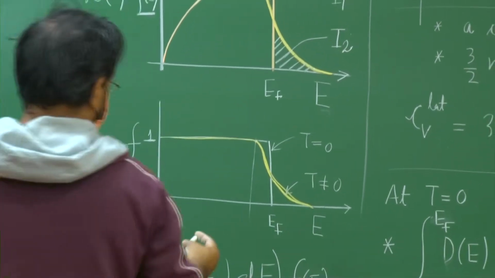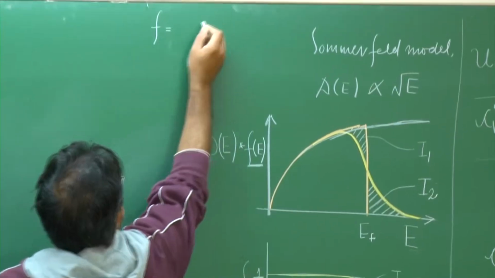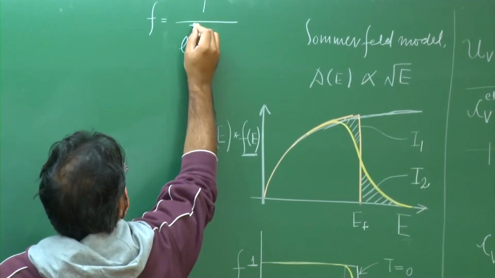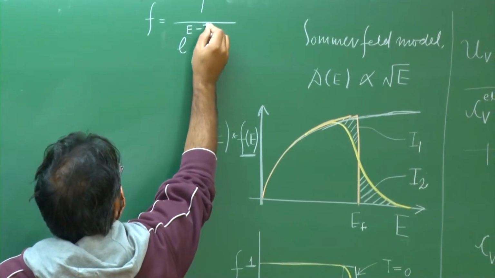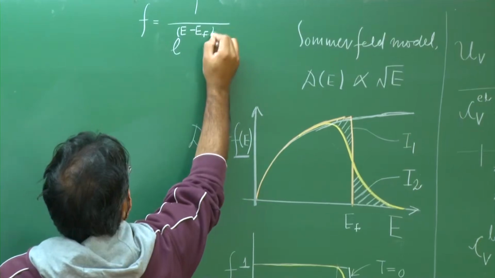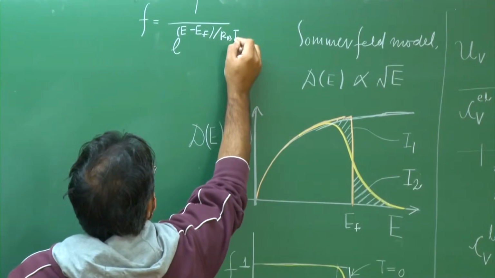The form of F is 1 over exponential of E minus EF by kBT, plus 1.